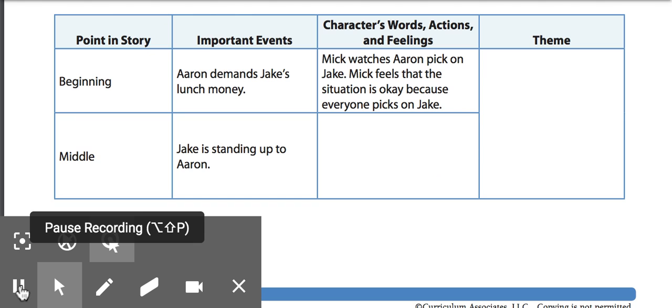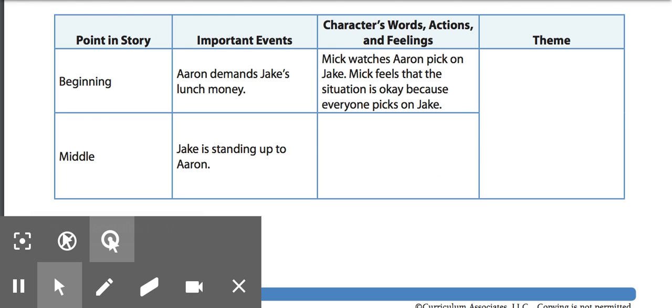Okay, so we already said that we could have different words and feelings about this one as far as Mikey feeling brave, feeling strong. Mikey watches Aaron jab Jack in the chest. Okay, showing some type of bravery.